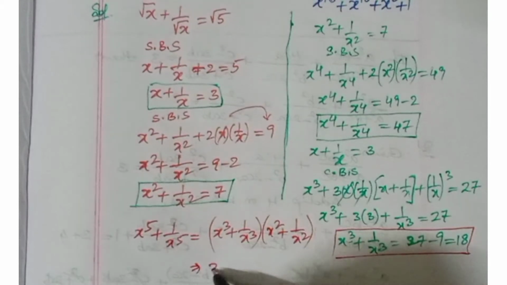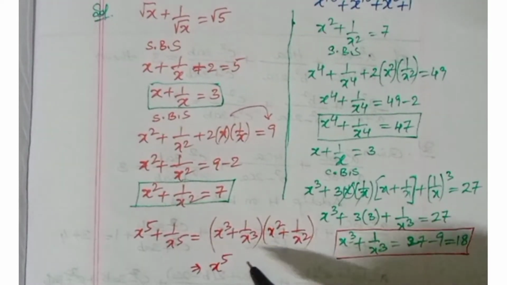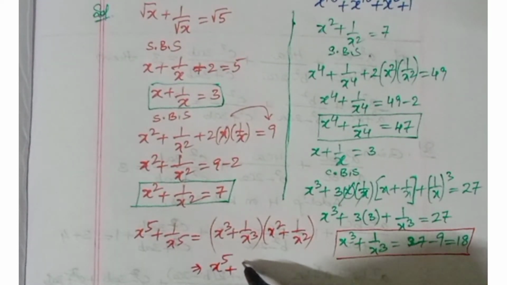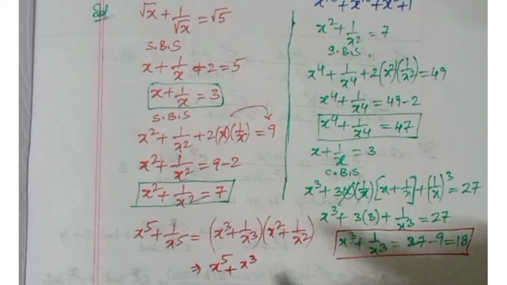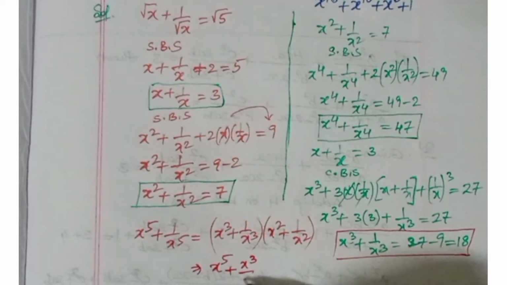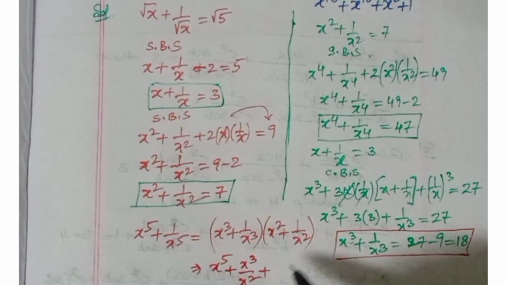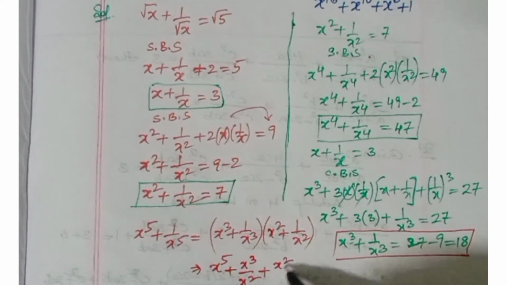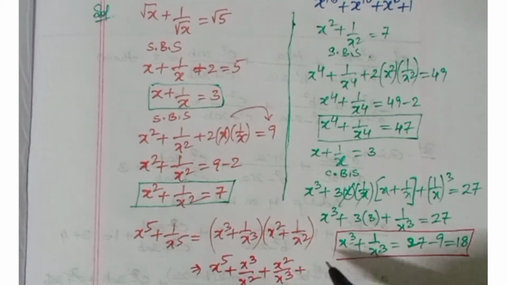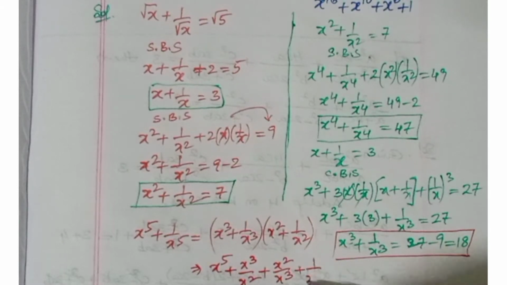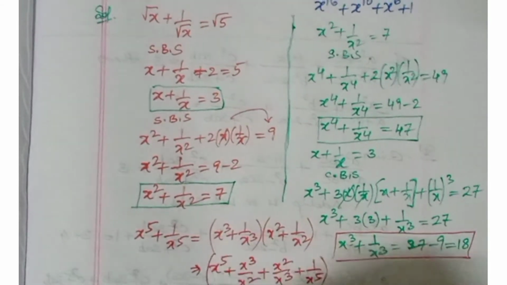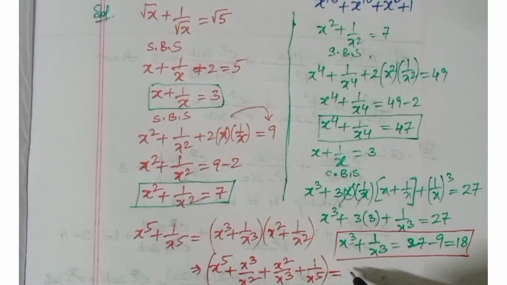So what will we get here? x to the power of 5 plus x cube by x square plus x square by x cube plus 1 by x to the power of 5 is equal to 18 into 7.